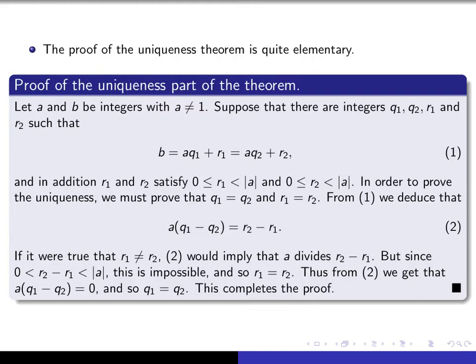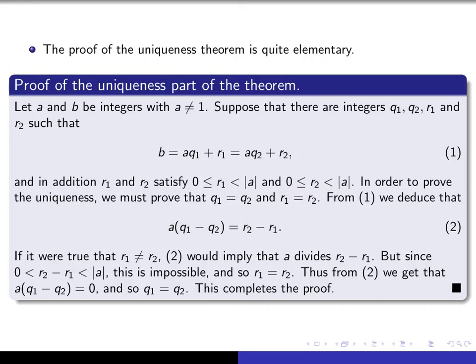Suppose that one can write our B in 2 different ways, as AQ1 plus R1 or as AQ2 plus R2, where R1 and R2 satisfy these inequalities that the theorem asks for. So what we have to do is prove that Q1 and Q2 are equal and R1 and R2 are equal. That's what uniqueness means.